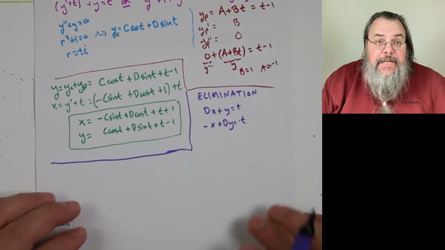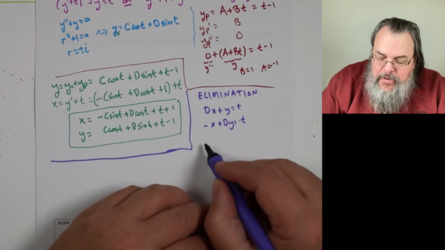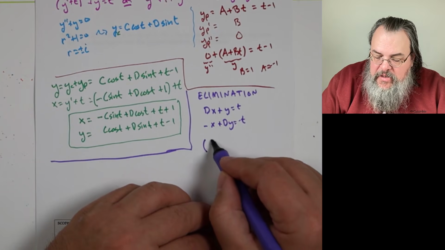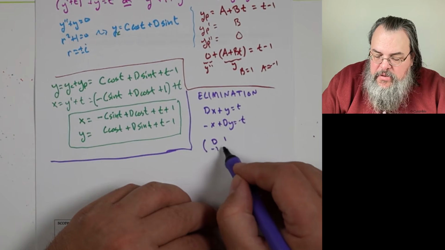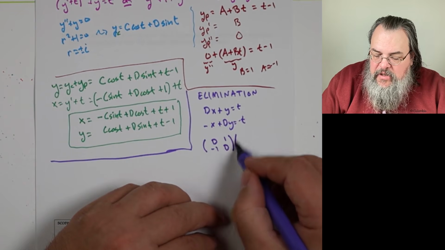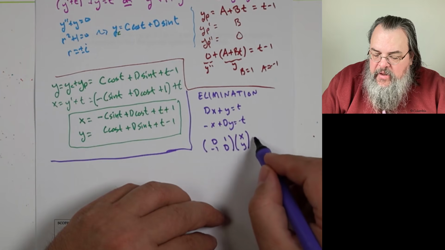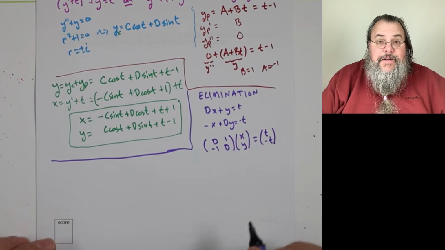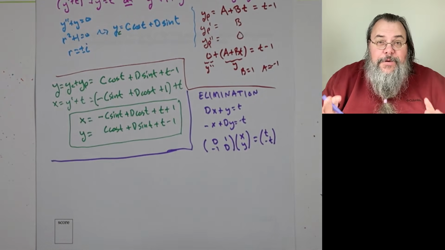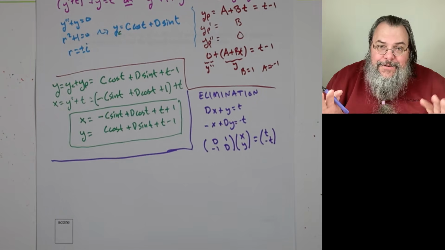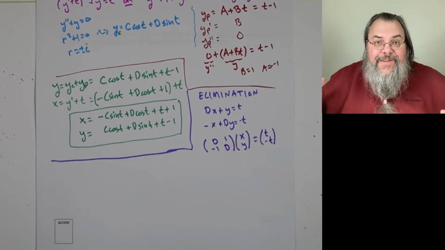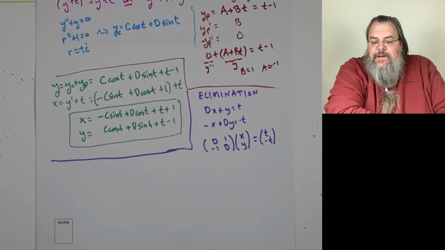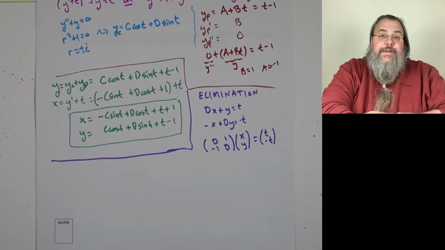Now, with that in mind, what can we do? Well, we write this as a matrix: D, 1, minus 1, D, times x, y, equals t, minus t. And we're going to do a little bit of Cramer's rule. Not exactly Cramer's rule, but basically Cramer's rule. Okay, so how does it work? Pick a variable.